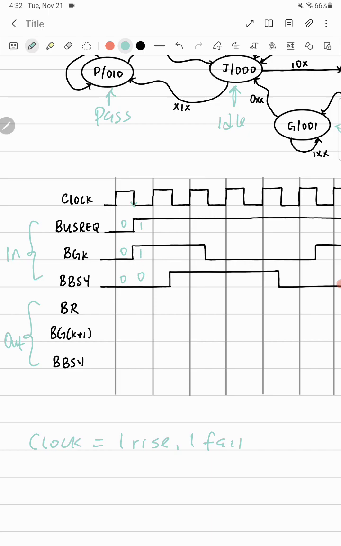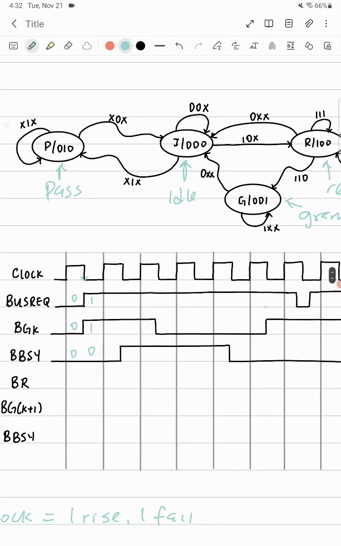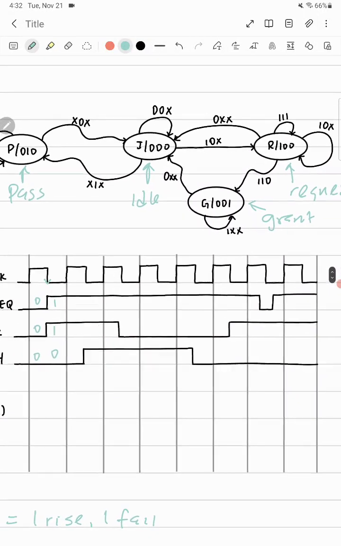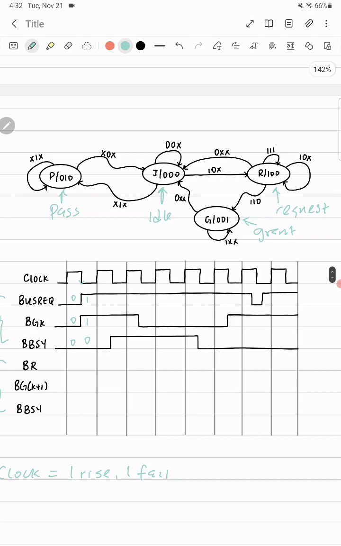What do you do? Just go to the finite state machine diagram and look. Which one of these states has an input 0, 0, 0 that is heading to another input 1, 1, 0? Remember, inputs 0, 0, 0, an arrow pointing to 1, 1, 0.